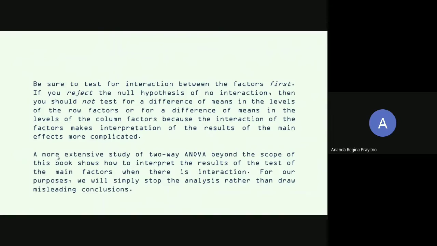A more extensive study of two-way ANOVA, beyond the scope of this book, shows how to interpret the result of the test of the main factors when there is interaction. For our purpose, we will simply stop the analysis rather than draw misleading conclusions.